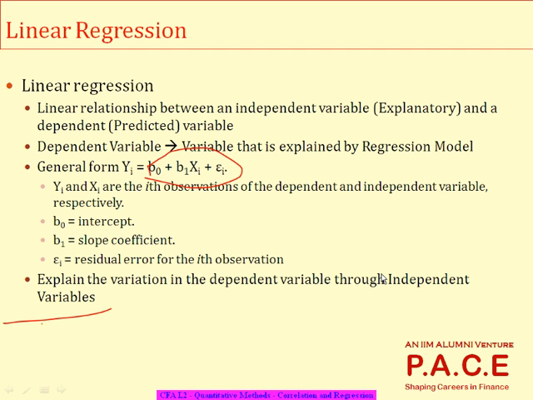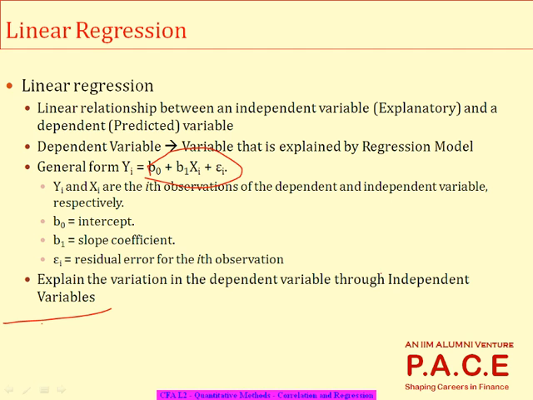You can call it a slope coefficient, or you could call it beta. Beta is the finance term, and slope coefficient is the statistics term. b1 is the regression coefficient for x1.